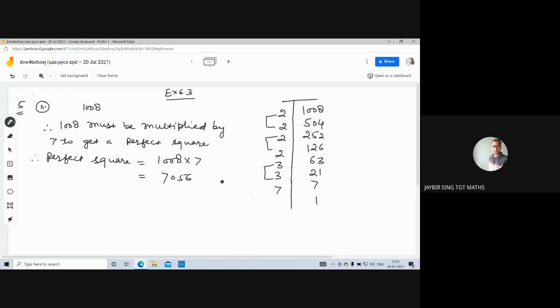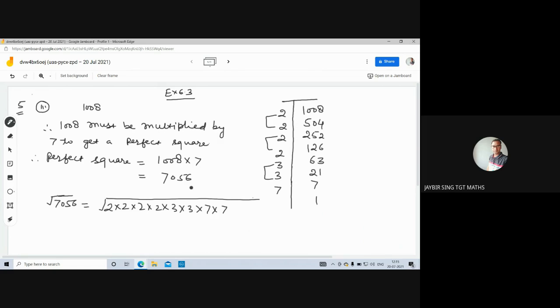Okay, now we have to find the square root of this, which is 7056. Now all the factors will be like this. We'll be having only one more 7. So it will be 2 into 2 into 2 into 2 into 3 into 3 into 7 into 7, because we multiplied 1008 by 7 to get a perfect square.